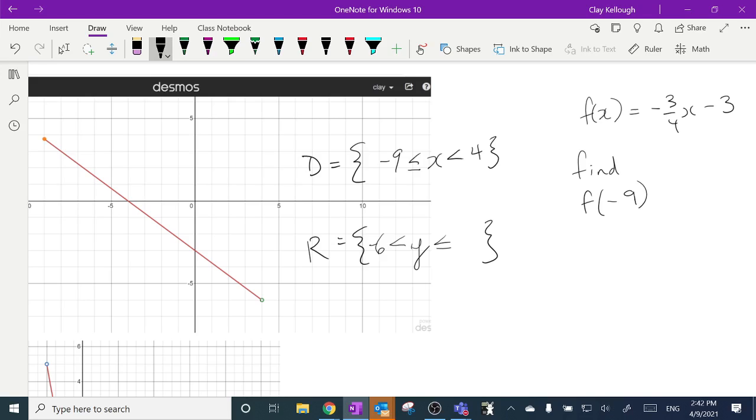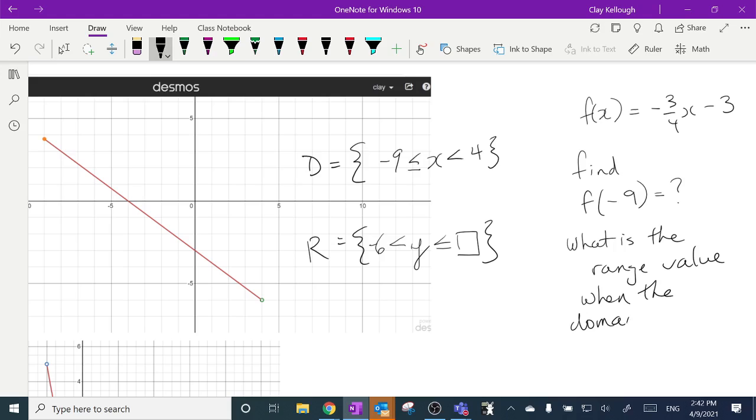Do you get why the answer to this question is this number? Because I'm asking you, what is the range value when the domain value is -9? Right?